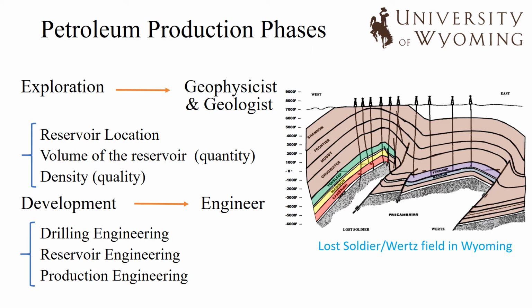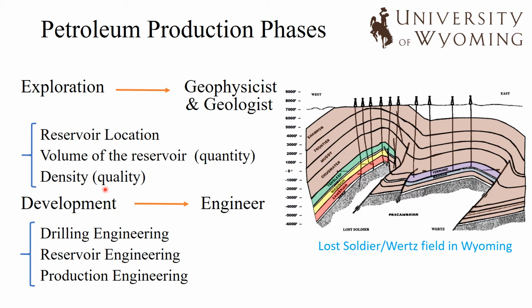So, as we said, we have the exploration phase and the development phase. The exploration phase is the job of geophysicists and geologists. Here we identify a reservoir location, and after we think this is a reservoir, we start evaluating the volume of this reservoir and whether it has a large amount of crude oil, which represents the quality of that reservoir.